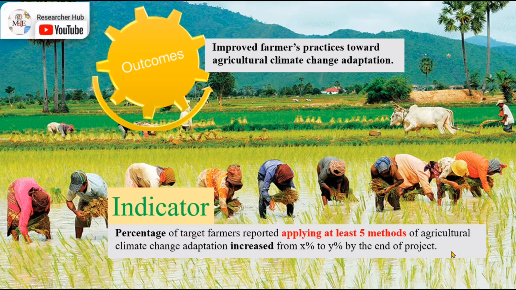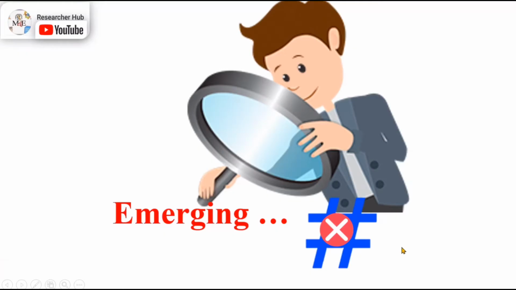Therefore, when you see this type of indicator, you can call it a qualitative indicator because it is collecting qualitative data. So in conclusion, a qualitative indicator is more about looking at the emerging. It's not interested in the number, and it is collecting qualitative data.